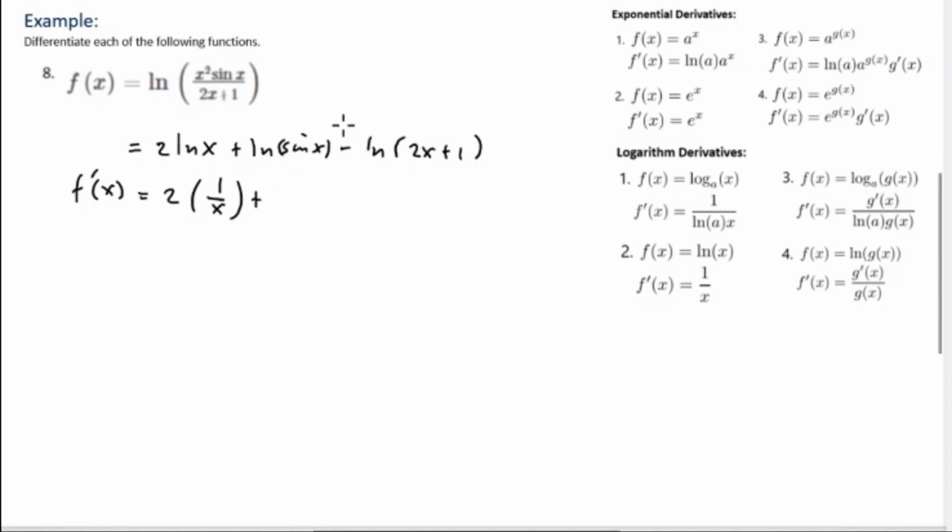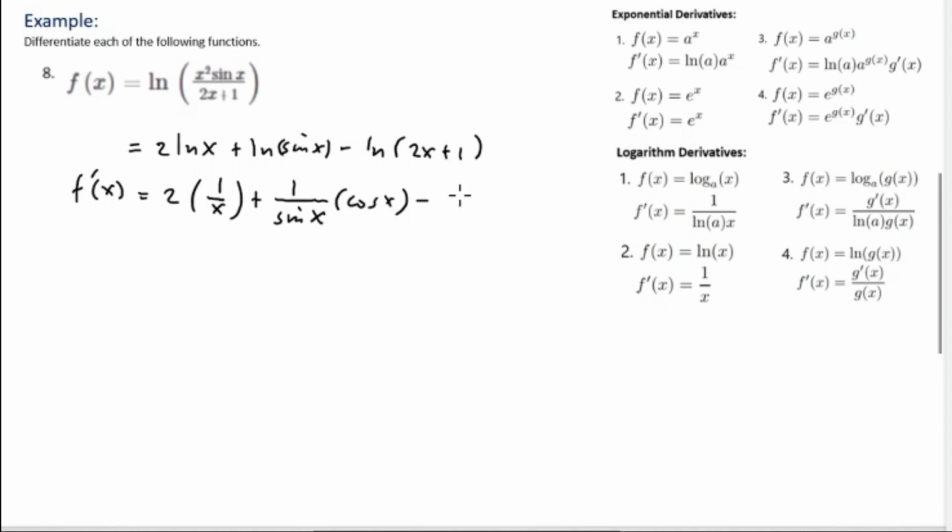So this will be 1 over sine x times cosine x, minus the derivative of ln of 2x plus 1, the same formula, 1 over the argument, which in this case is 2x plus 1, and the derivative of 2x plus 1 is 2.